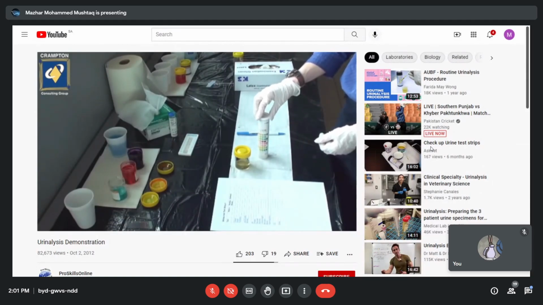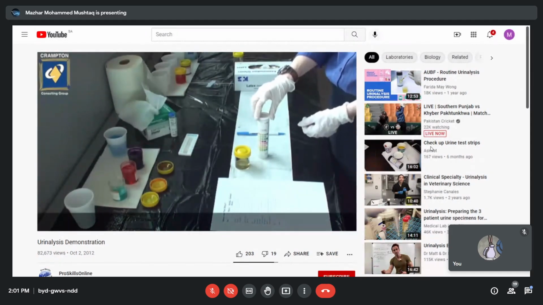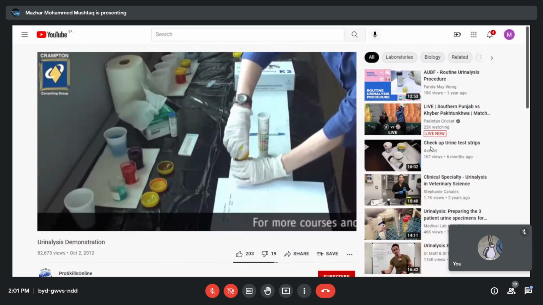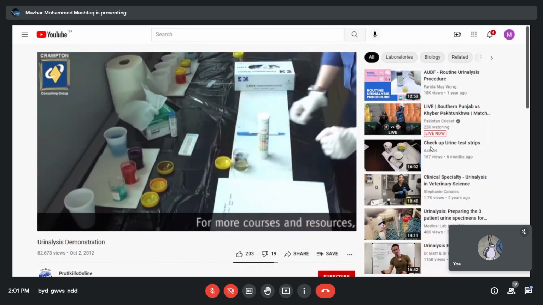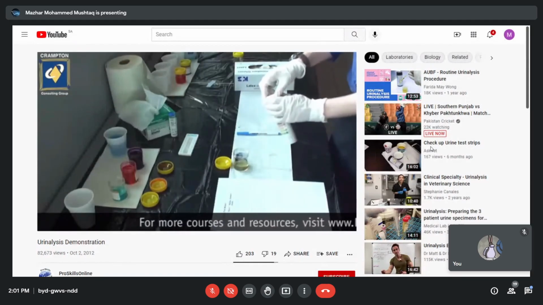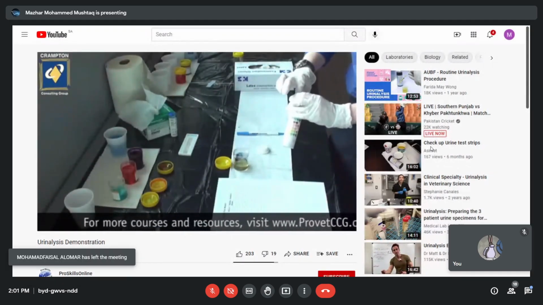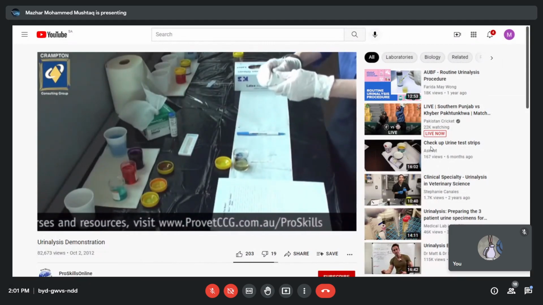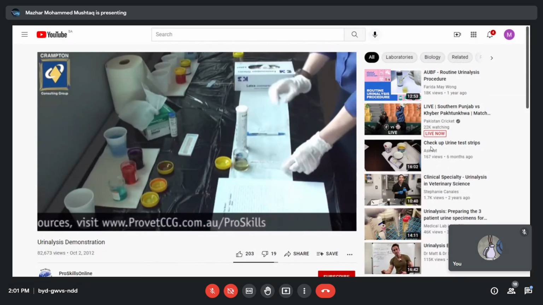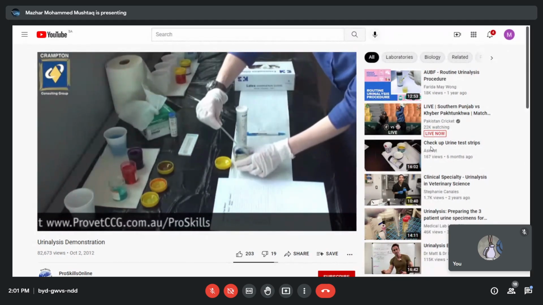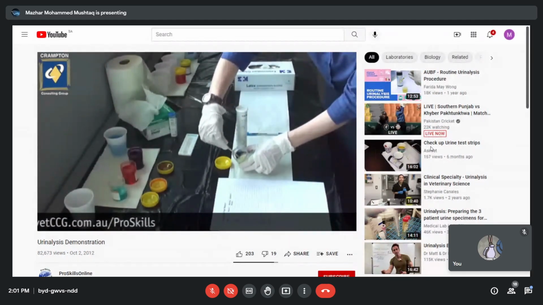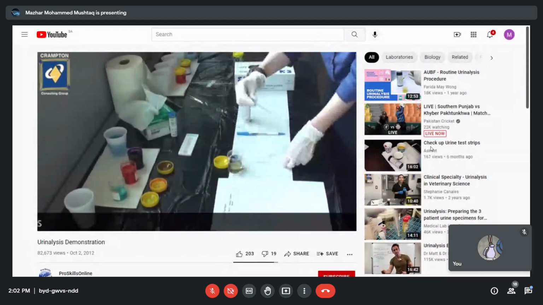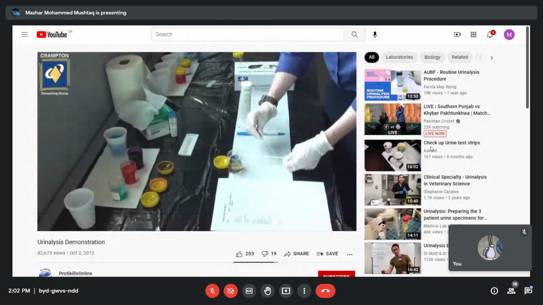Again, wearing your PPE because we are dealing with a biological possible hazard. Remove the lid from your urine. Remove a test strip from the pack, ensuring that you don't touch it with your hands. And then fill your pipette with a sample of urine. You can then place a drop individually on each test pad.